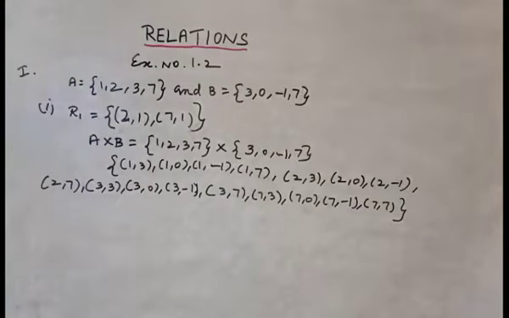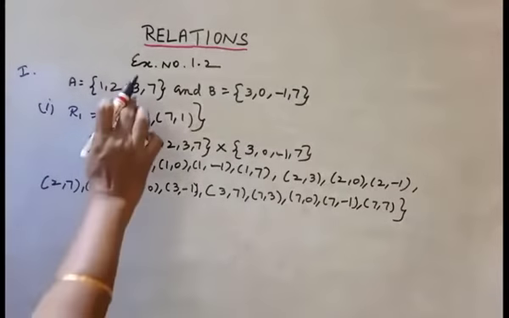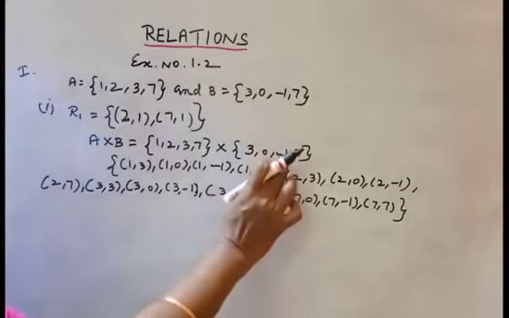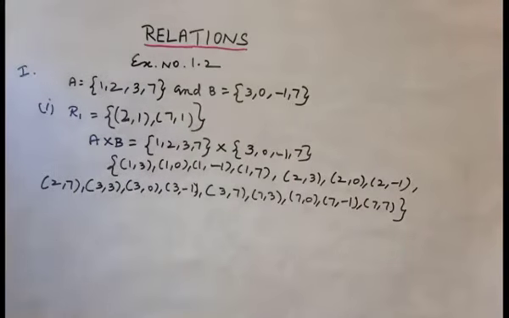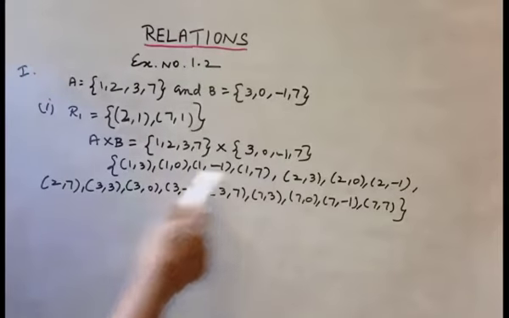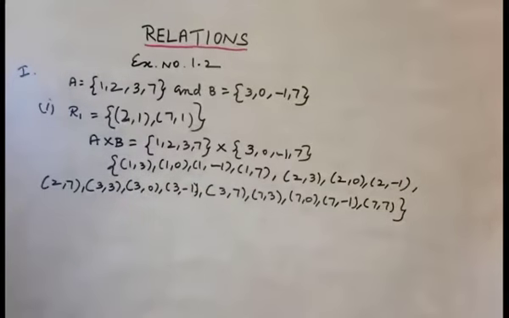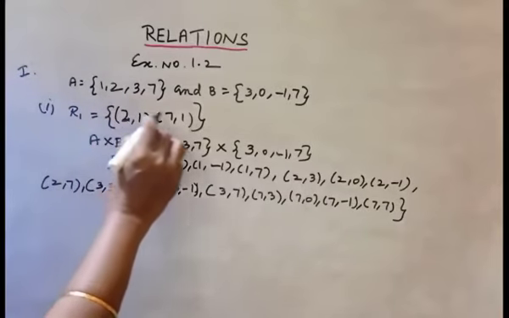For that, first we write A cross B. First you write set A, next set B, then you write A cross B. You check it. Number of elements in A is 4, number in B is also 4. So 4 fours are 16. Here 16 ordered pairs are there. Now you see R1 equal to {(2, 1), (7, 1)}.